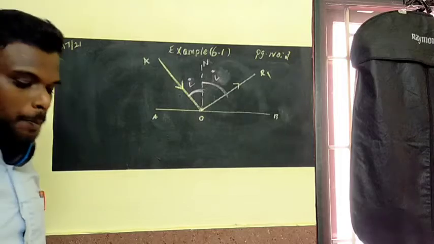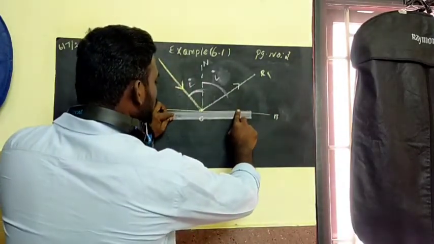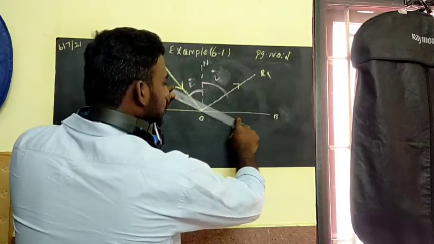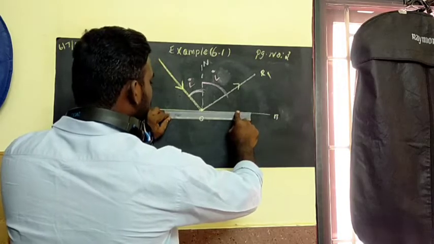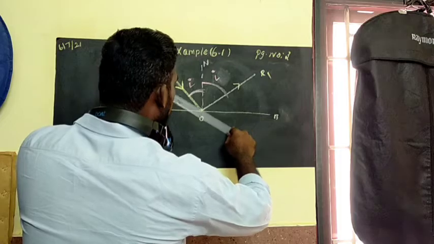Is that clear? Now what we will do? We are going to rotate the reflecting surface. I am going to tilt the reflecting surface by an angle of theta.